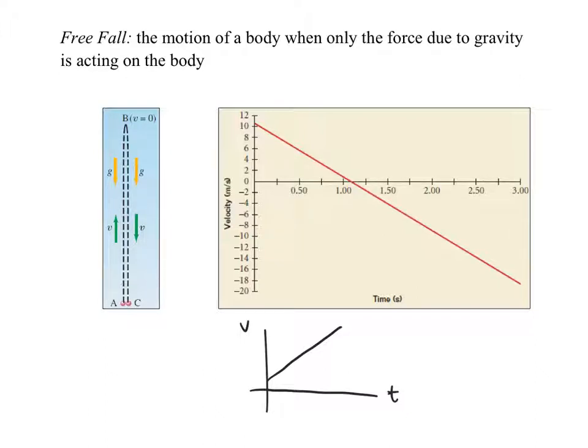The velocity is positive, and then when it reaches the top, it becomes negative. The velocity decreases before it gets to the top, and then it gets to zero. It stops for a very small amount of time, and then it becomes more and more negative, but the speed ends up increasing. That's the point I want to talk about right now, because speed and velocity is still something that people are confusing. So let's talk.